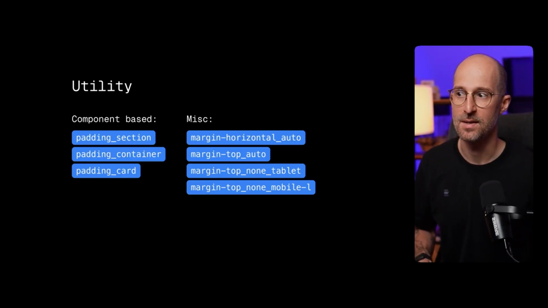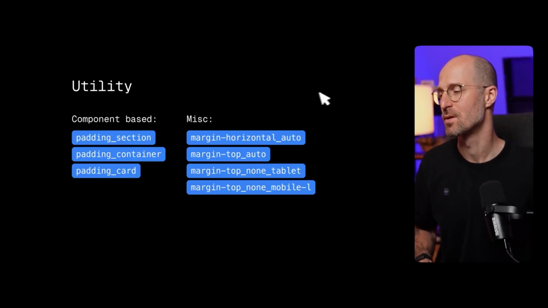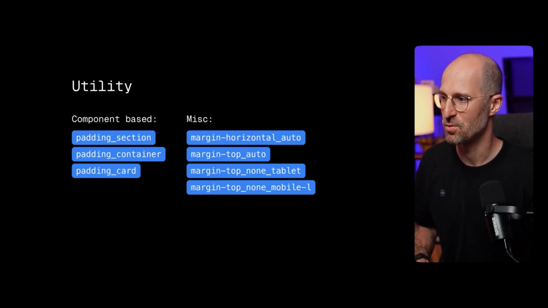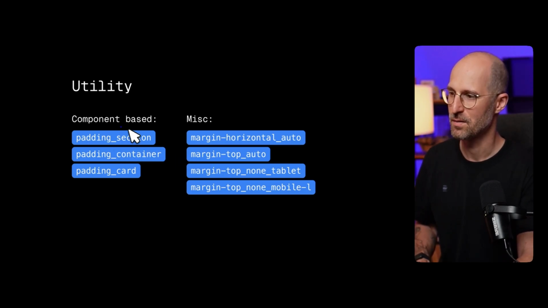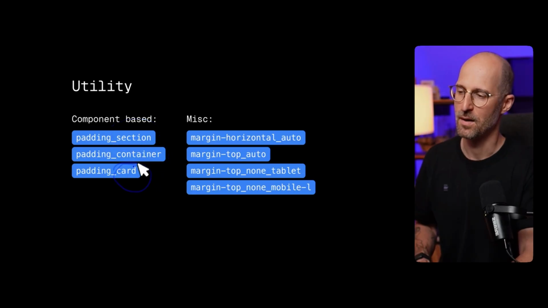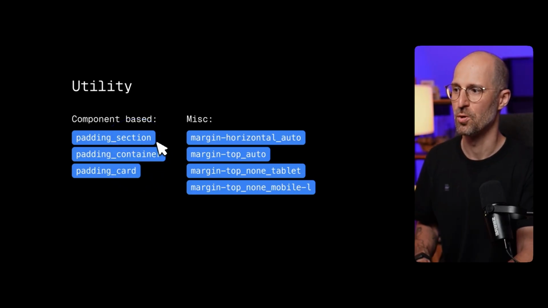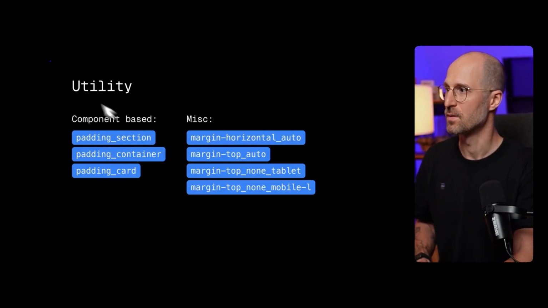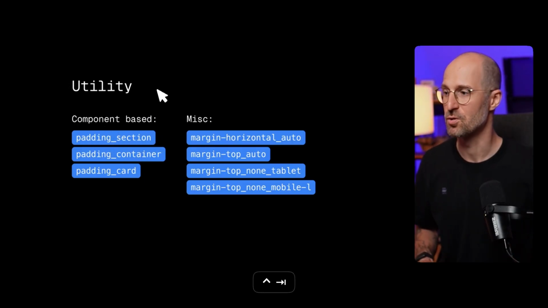And utility sizing is interesting because there are scenarios where sometimes you just want to add padding, like on section or like on container or maybe on a card, but you don't want to use the section class and you just want to use padding for it. So you would use padding section.